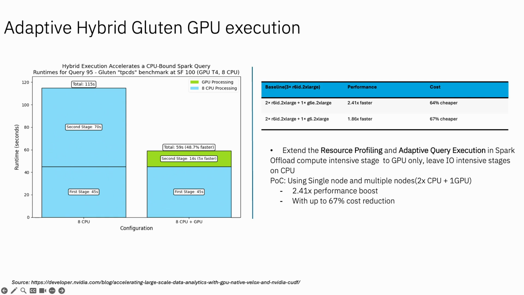We ran a POC in a 3-node environment, basically 2 CPU nodes plus 1 GPU node, and we see roughly 2.4x performance improvement, and of course up to 67% cost reduction. This is a very good achievement for us.